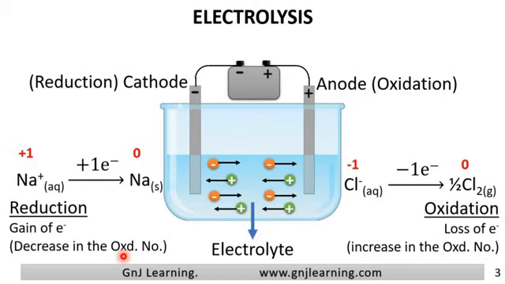If there is a reduction in the oxidation number, then the process is reduction. And we have also learned about 2 electrodes, anode and cathode. Anode can be defined as the electrode where oxidation is taking place, and cathode can be defined as the electrode where reduction is taking place.